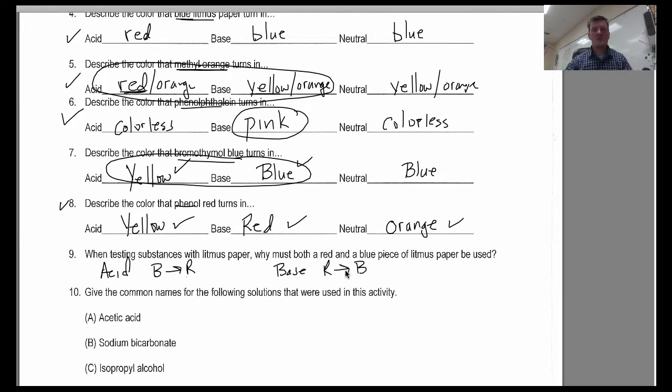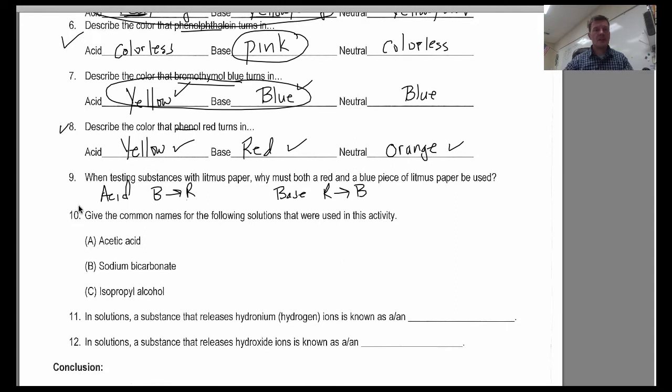So you have to use both in order to verify that the substance is in fact either an acid or base, and it's not just neutral. If it's neutral, the red paper will just stay red, and the blue will just stay blue. So you have to use the other color to determine if it's going to turn that piece of paper the opposite color. Okay.